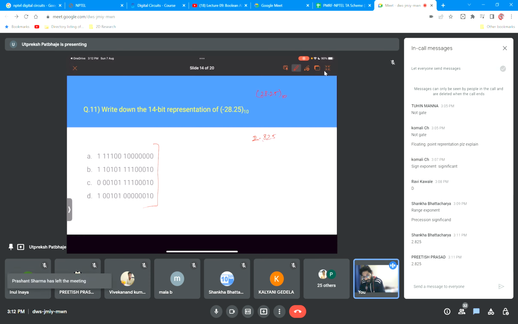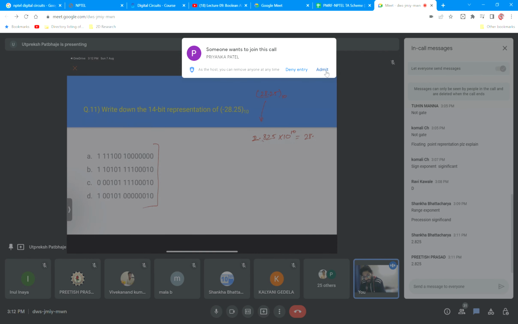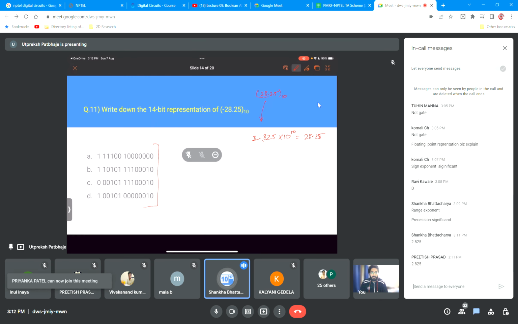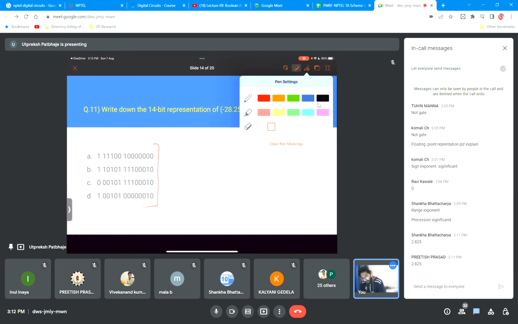So if you write 28.25 in this format, it will come out to be 2.825, and to adjust for the decimal point that you have moved, you have to write 10 to power 1. So if you convert it back or just solve this multiplication, this will again give 28.25. Sir, in our case, we are multiplying with 10, na? So it will be only 10 to the power 1. Oh, sorry, my mistake. So yeah, that will be 10 to power 1. Thanks for pointing that out. So if you want to write this down in scientific notation, that will be 2.825 into 10 to power 1. Correct.